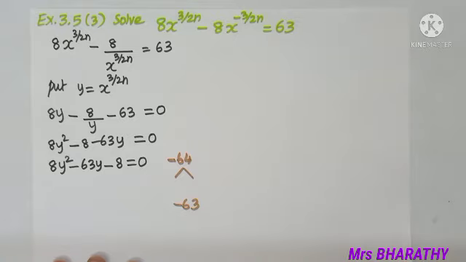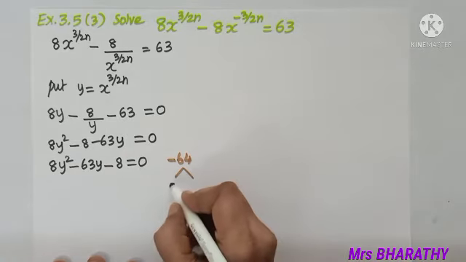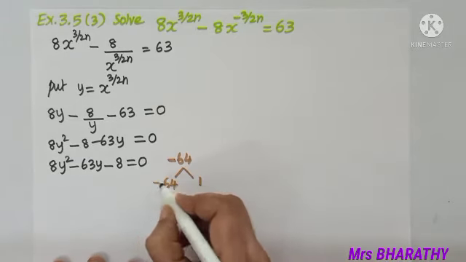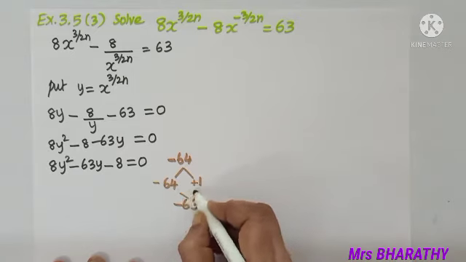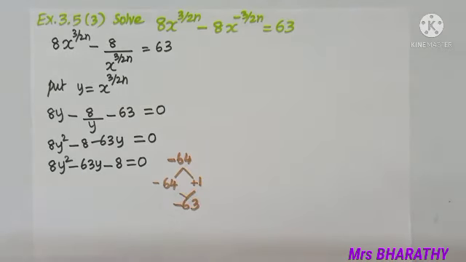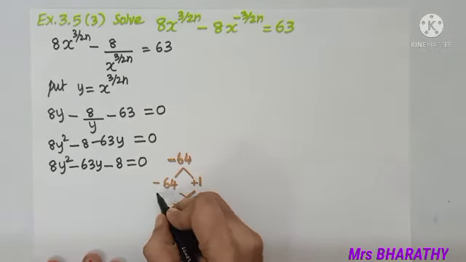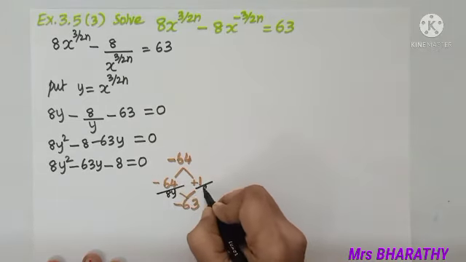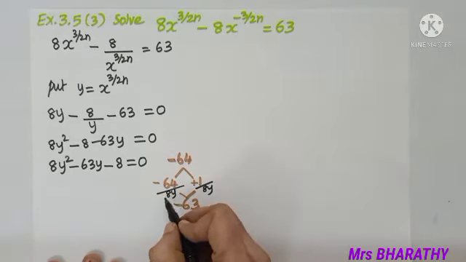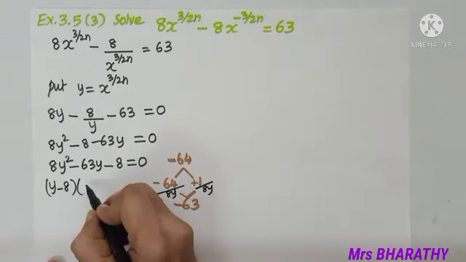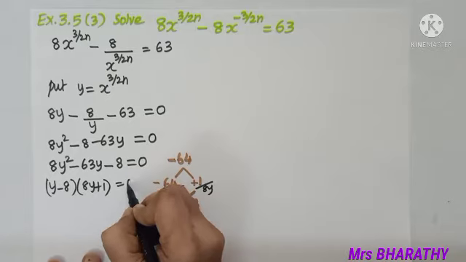As I try to factorize, I have 8 into minus 8, I get minus 64, and I want minus 63. What are the two factors? It is 64 into 1, but I want minus 63. So put minus 64 plus 1. Now, the first term is 8y, so I will write by 8y by 8y. As I cancel, it is y minus 8 into 8y plus 1 equals 0.